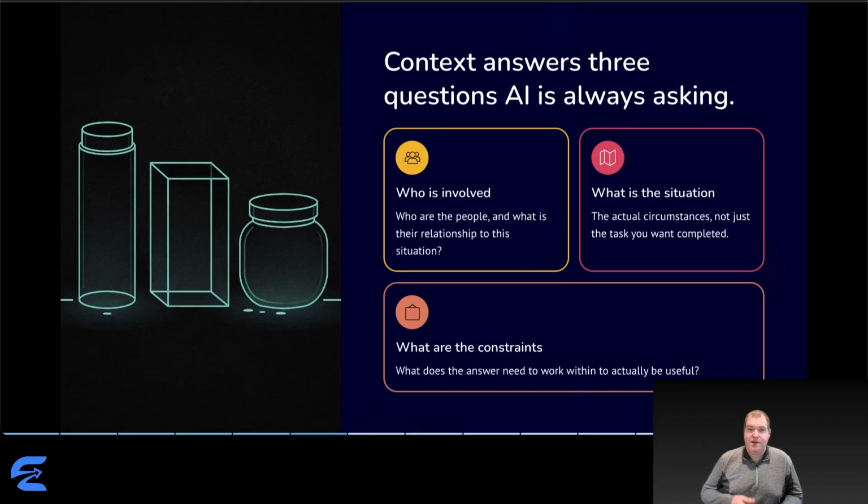What has happened? What's about to happen? What's at stake? What are the constraints? What does a good answer need to work within to actually be useful in your specific context? When those three things are present, the model has what it needs. When any of them are missing, the model fills them in, and you don't get to choose how.